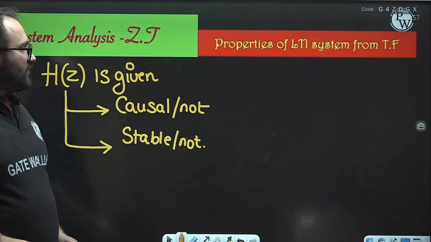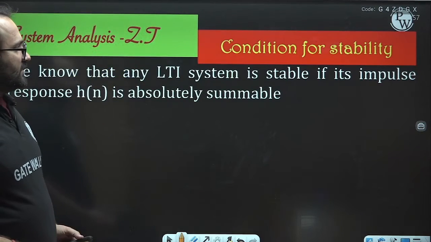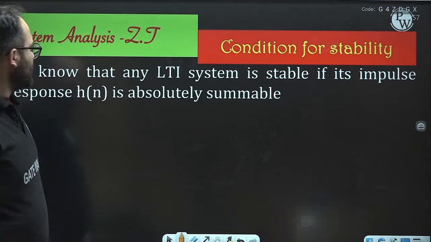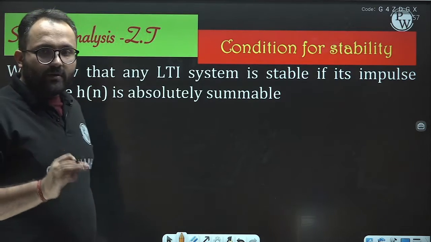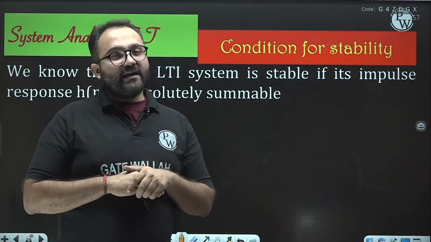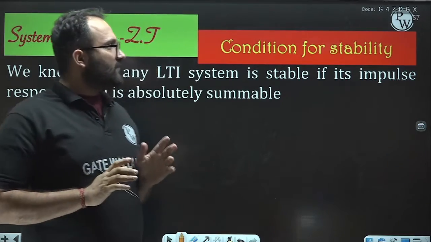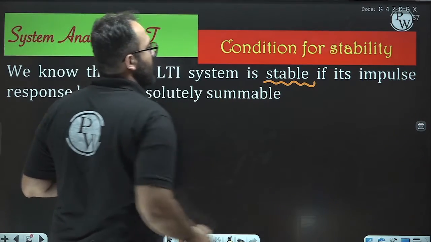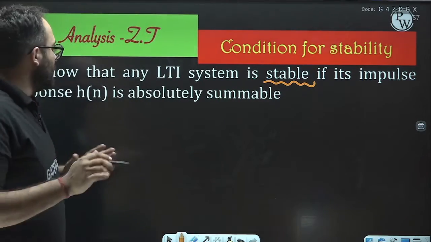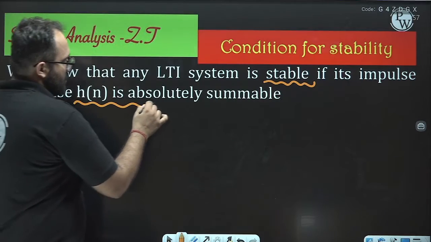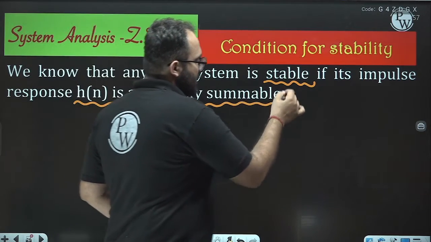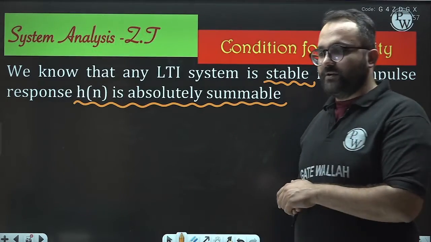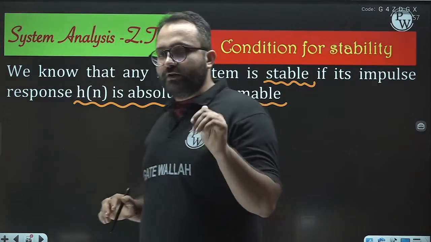Okay. So now let us first of all see the condition for causality or stability together. Now, if we remember chapter 2, that is the LTI system, the condition for stability was that h[n] is absolutely summable. The impulse response is absolutely summable. This is the condition for stability. We know this condition. Okay.